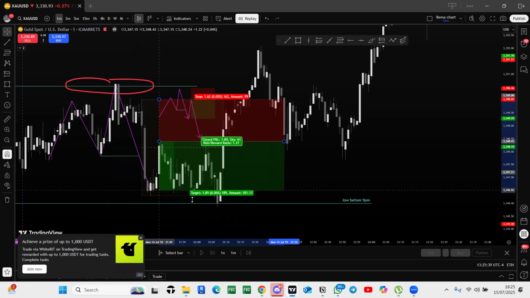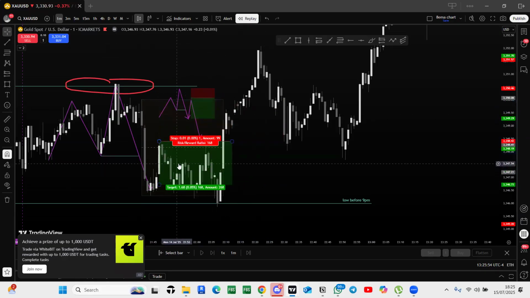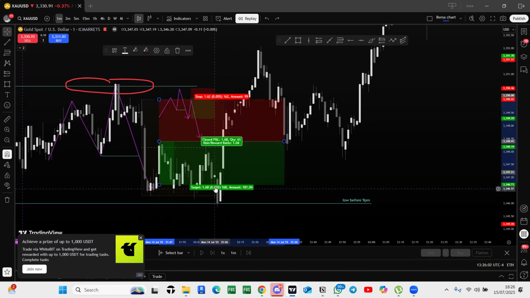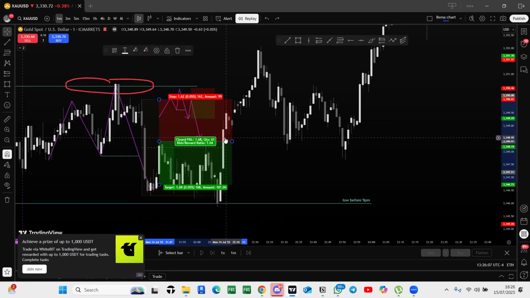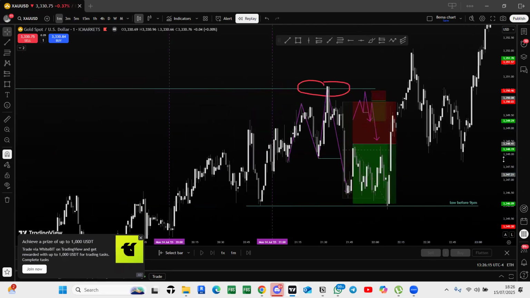And when I reached 1-to-1, I took my profit, 50%, I moved my stops to break even, and then the trade came down, came back as if it was going to target, but you can see it didn't get to 1-to-2. It was 1.4, and then it reversed, and then stopped me at that break even. So this was a win, like a 50% win.